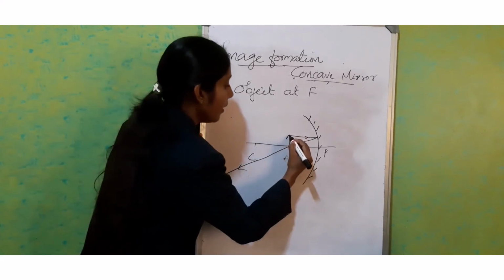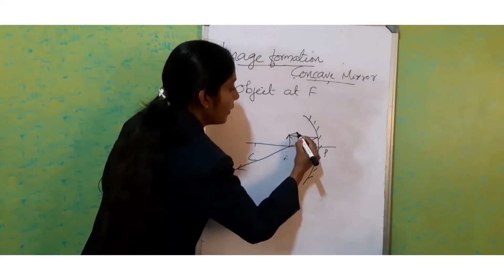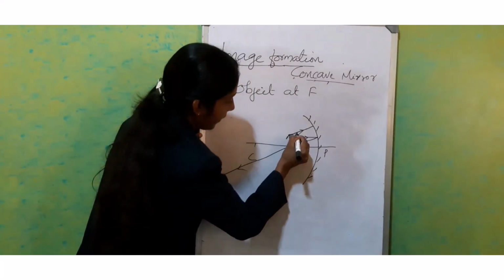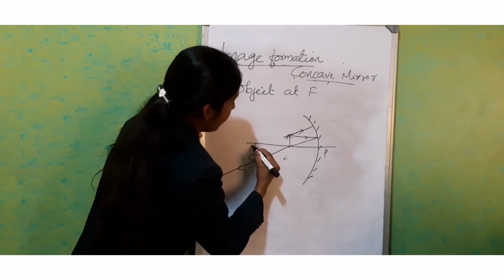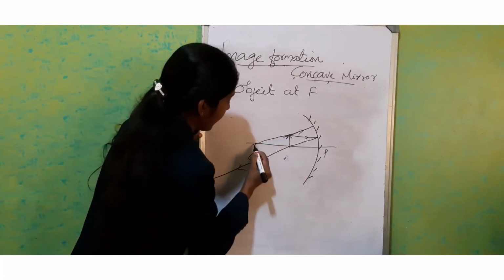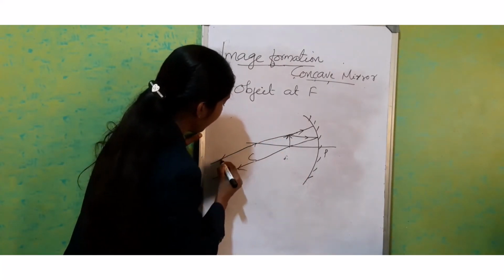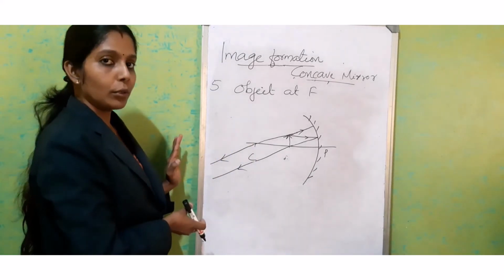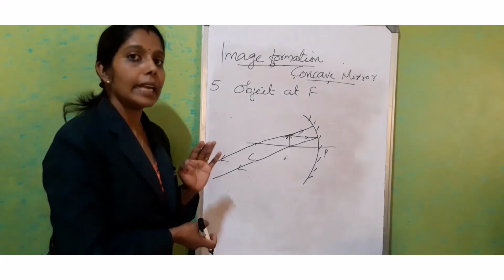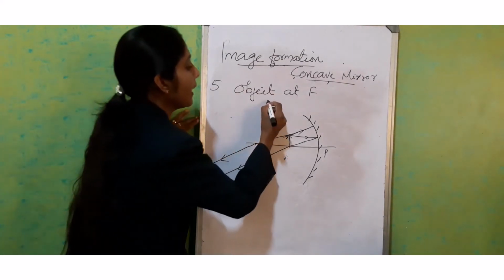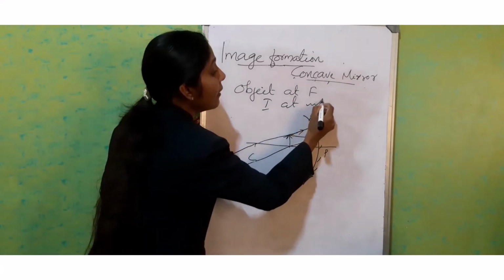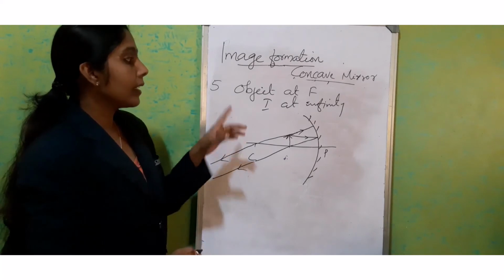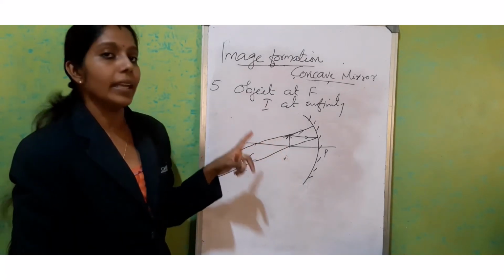Now second ray, which is striking over here, that ray is passing through the center of curvature. So this is the way the rays are going, and here we are not able to mark the position where they intersect. So that means we are getting the image at infinity. When the object is at focus, we will get the image at infinity.